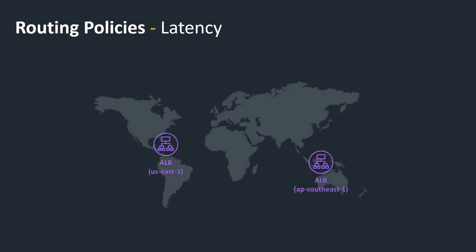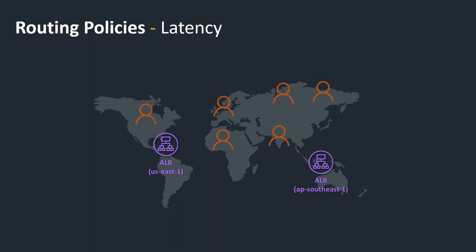So let's have a look at the map of the world to understand it. Say we have deployed our application in two different parts of the world. One is US East 1 and one in AP Southeast 1.